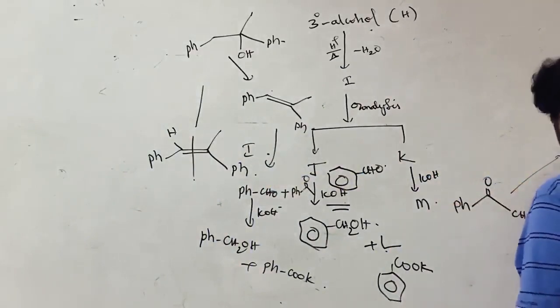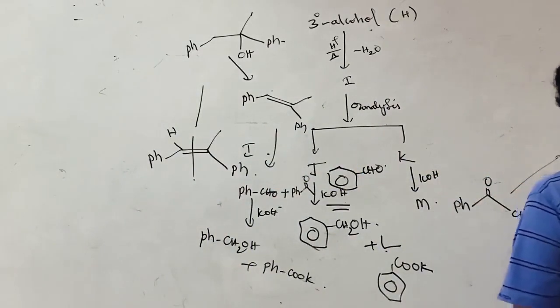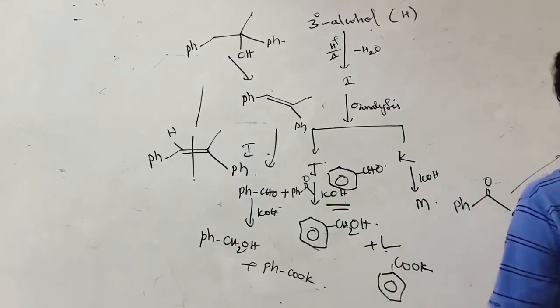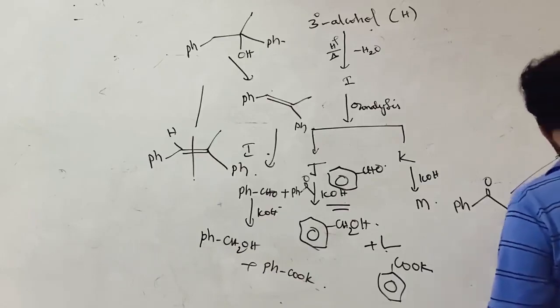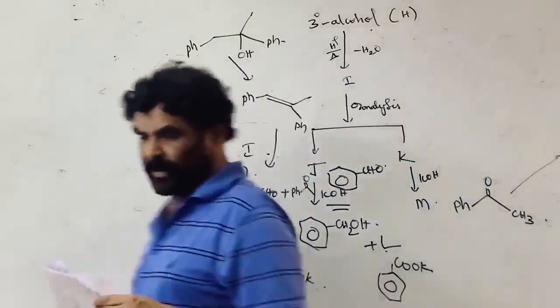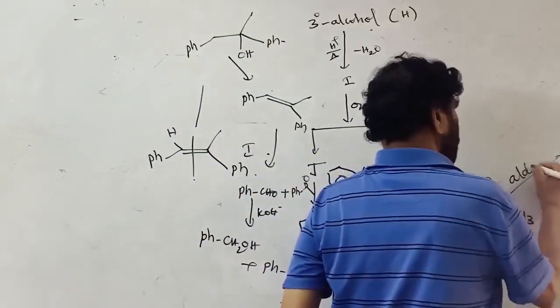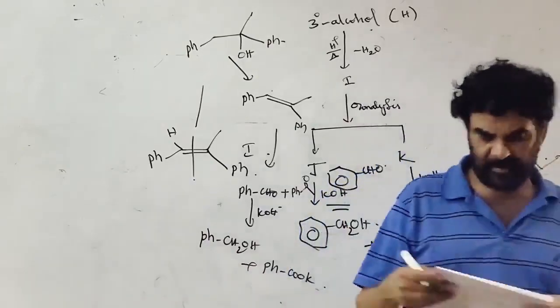M is PhC=O, a carbanion is formed, OH, elimination, this is formed. So this may go and produce this one. This is the aldol condensation.